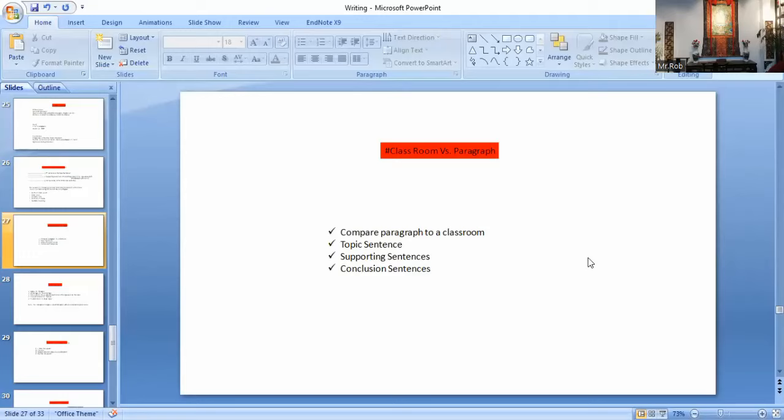Therefore, your paragraphs should also have the same idea in the first and the last sentences. The first sentence is called the topic sentence, and the last sentence is called the conclusion sentence in a paragraph. Compare the topic sentence to the roof of the classroom and the conclusion sentence to the floor of the classroom.